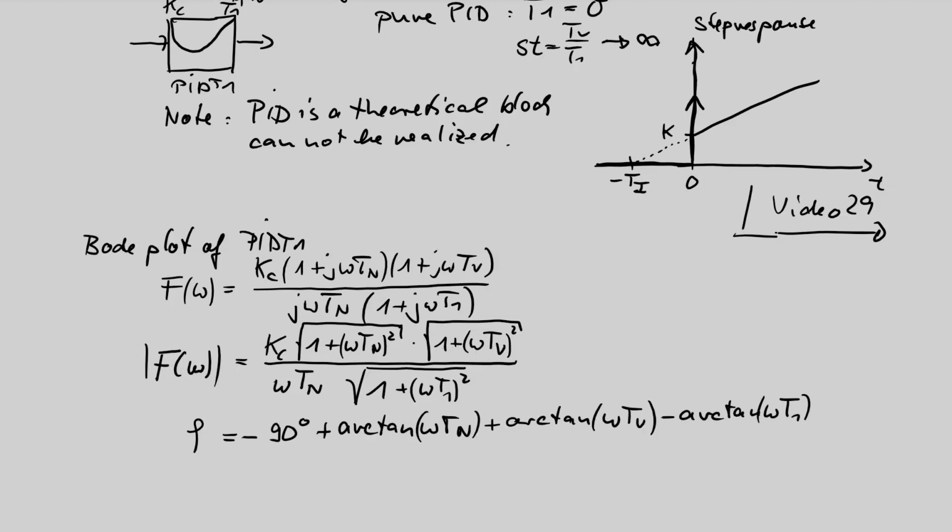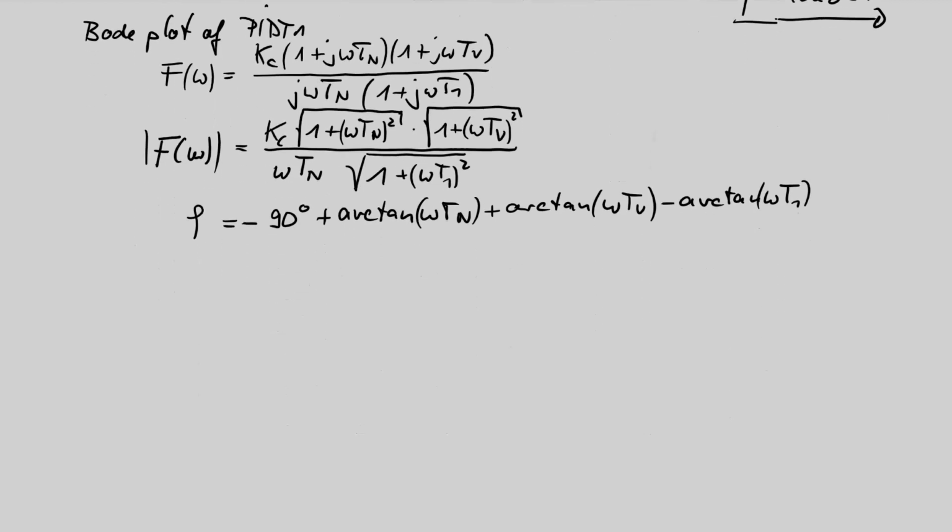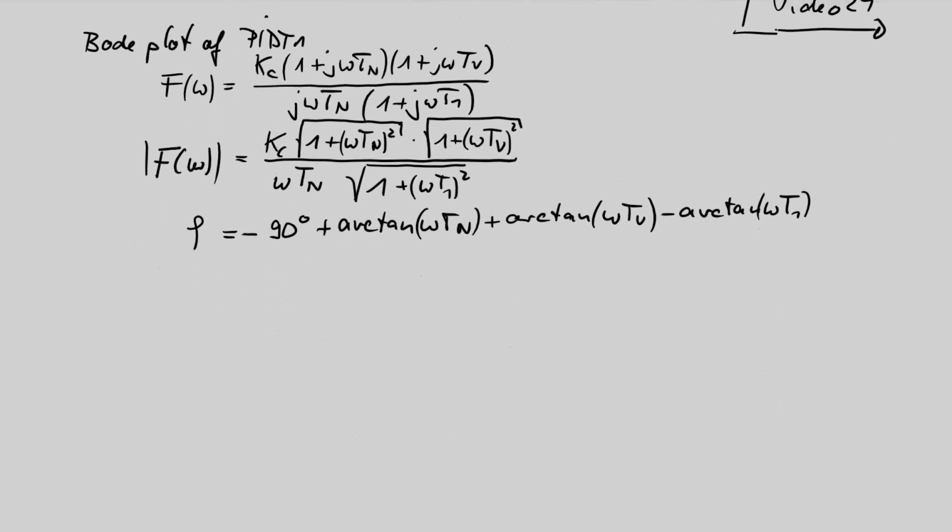And this is the magnitude equation for the bode plot. We have drawn the bode plot of the PI, we have drawn the bode plot of the PDT1, and the PIDT1 bode plot is nothing else than the sum of both diagrams. So first, the magnitude curve.